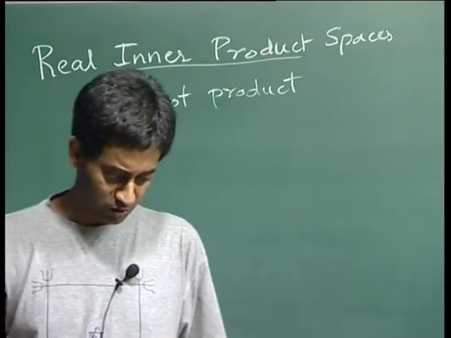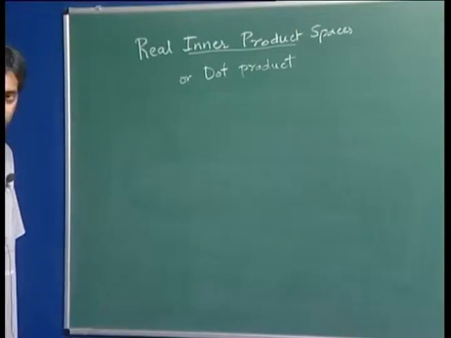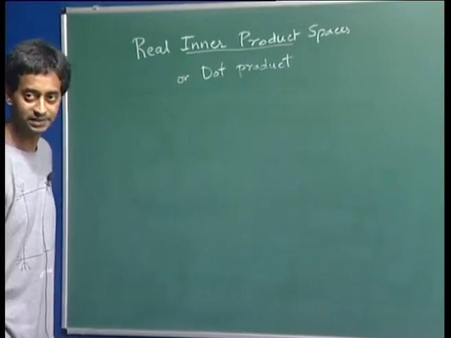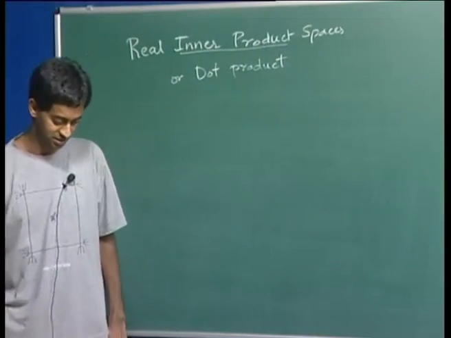You all probably know how to take the dot product of two vectors in, say, three-dimensional Cartesian coordinates.